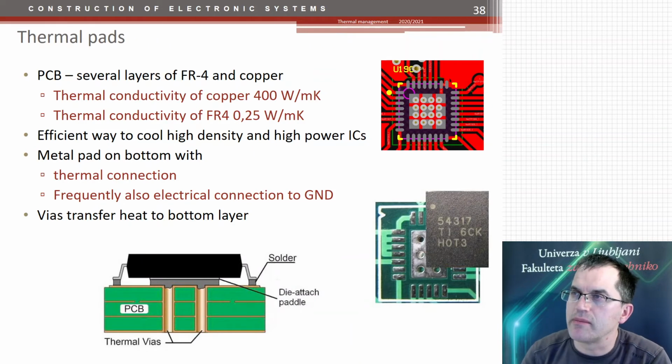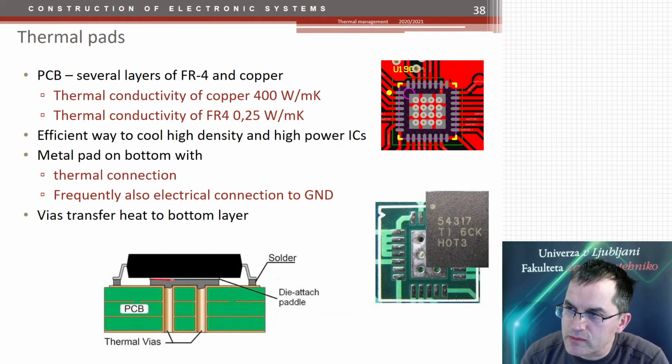This is an example of the thermal pads. The components have sort of thermal pads on the bottom, to which you actually solder them directly. So there is no air gap in between, which means that the heat is transferred through a continuous solid towards the thermal wires.